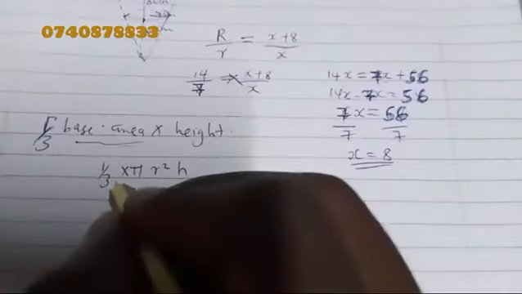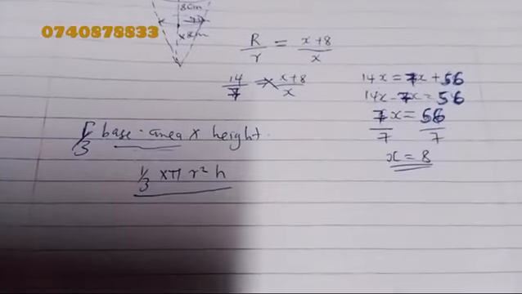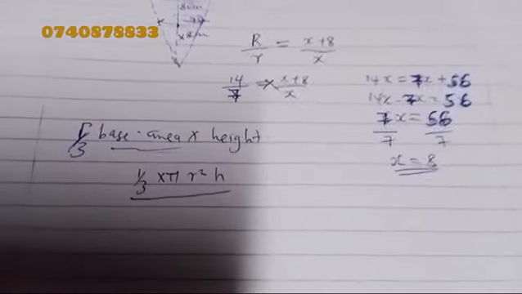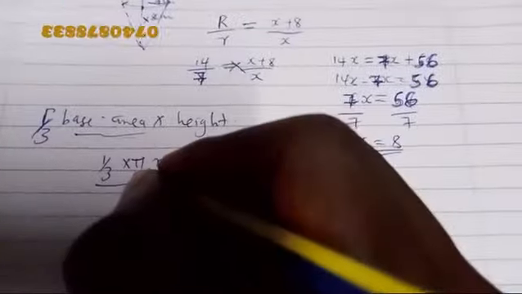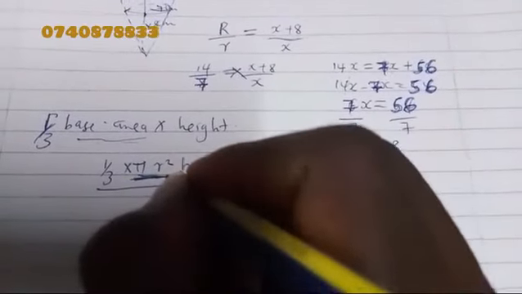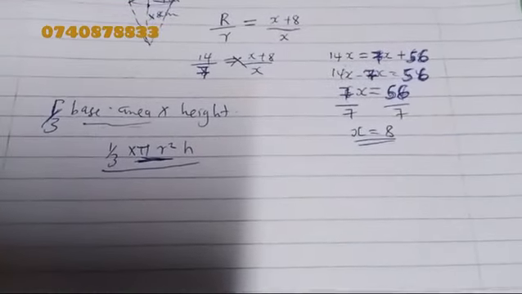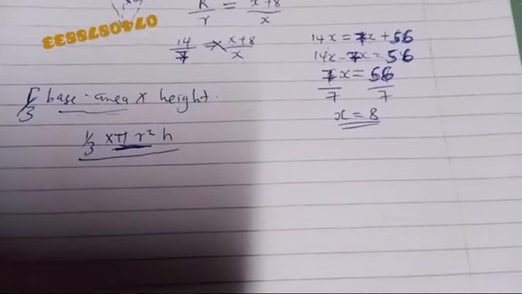It is pi r squared, times height. So this is how you will get the volume of a cone. This part alone will give us the base area. Then we have height. Then we are multiplying it with the third.